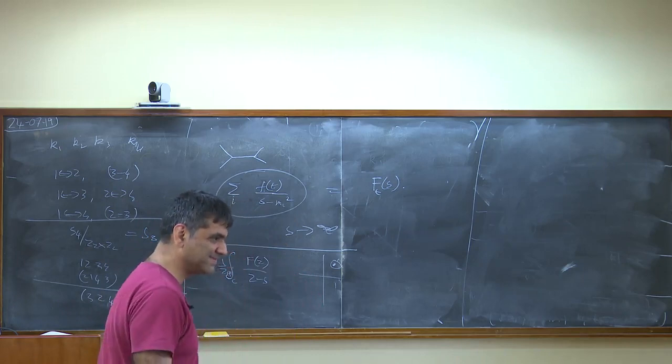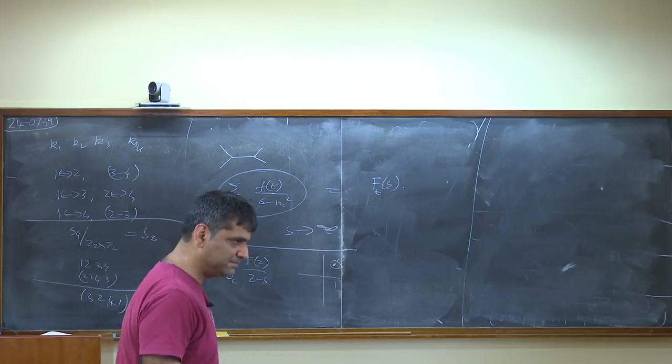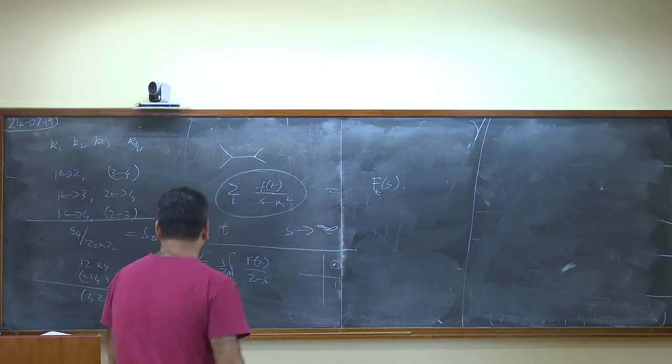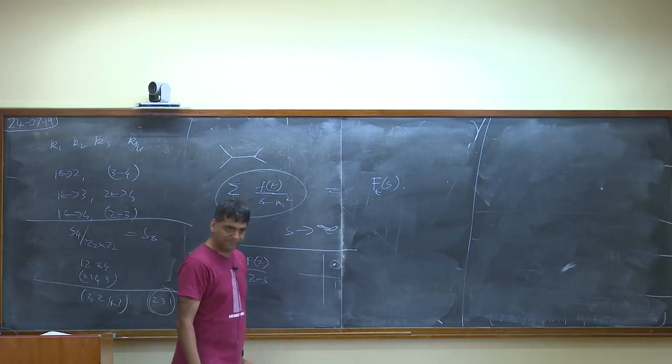S can be any number; it could be any place, as long as we've chosen this loop so that it surrounds no other singularities.